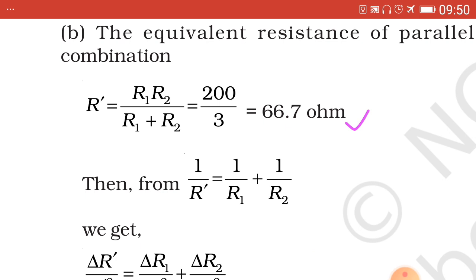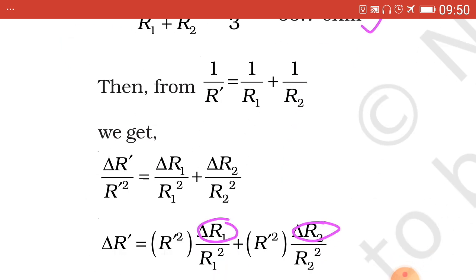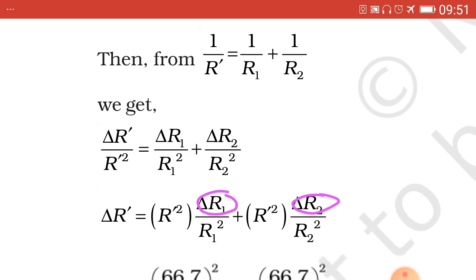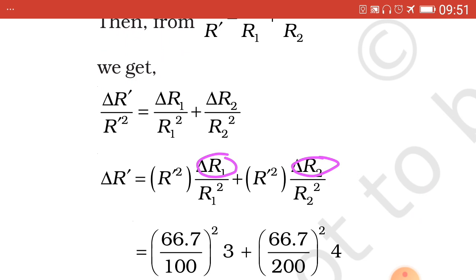Now this answer has to be correct, then only the other answer which we are to find will be correct. Now this formula is given: delta R dash upon R dash square equal to delta R1 upon R1 square plus delta R2 upon R2 square.